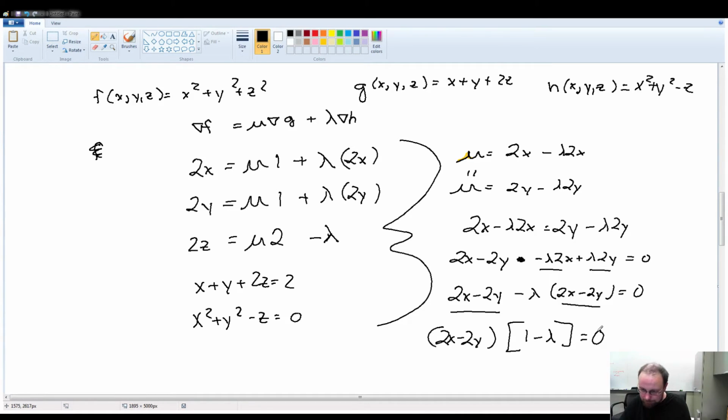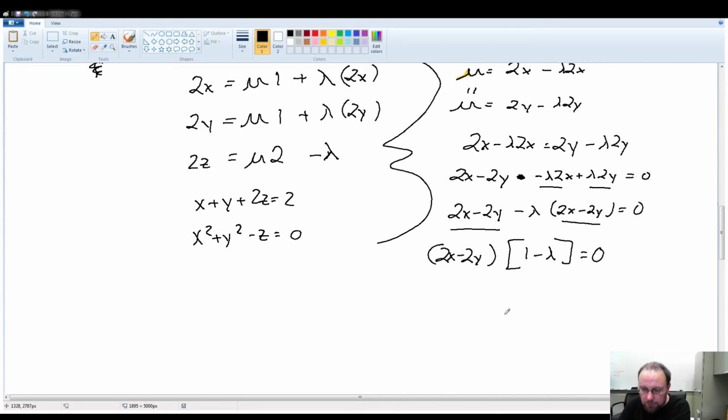Yeah, this is kind of tricky, I think. Okay, so this gives me two cases, no? We have that either 2x minus 2y is 0 or lambda is 1.